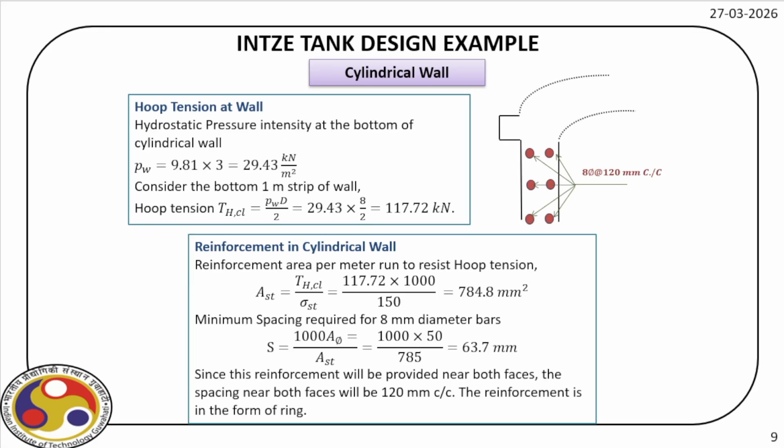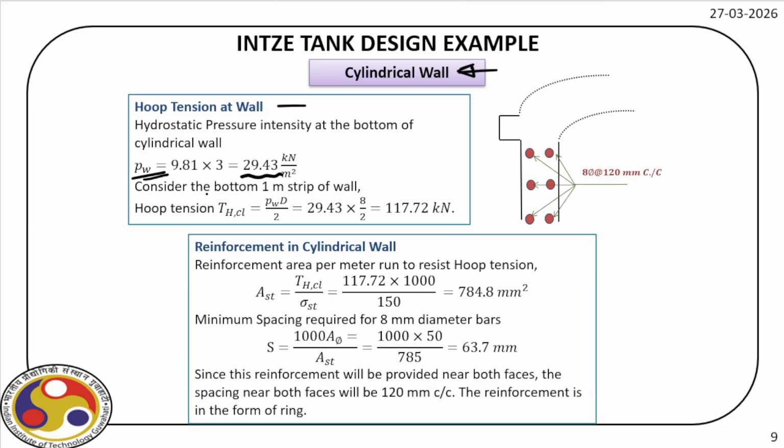Now next component, which is the cylindrical wall. For that again, we have to evaluate the hoop tension. Now there is hydrostatic pressure because of the water storage. So at the bottom of the wall, we can find out the hydrostatic pressure, which is 29.43 kilonewton per meter square.